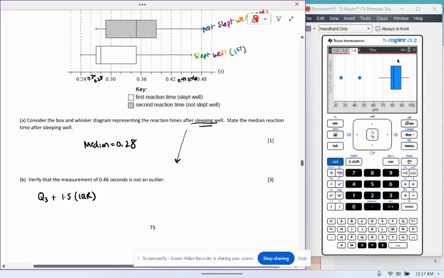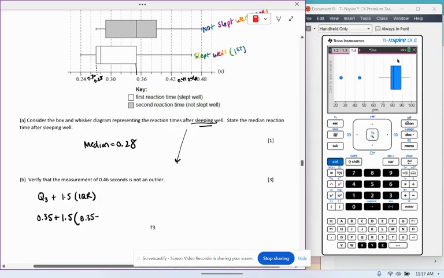Let's look at all of our inputs. We need the Q3, which is going to be right here. Let's approximate. It looks like Q3 is going to be 0.35, because this would be 3.2, 3.4, 3.5. So it would be 0.35 plus 1.5 times the IQR, which is 0.35 minus Q1.